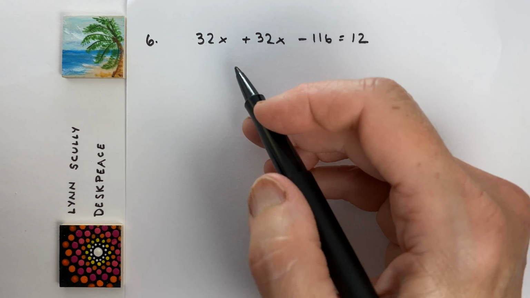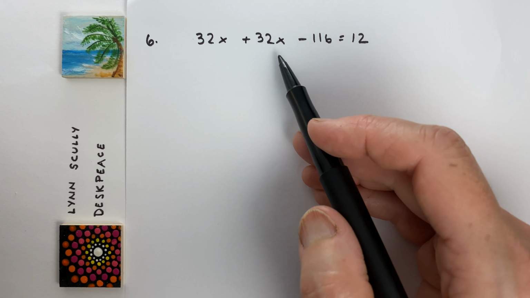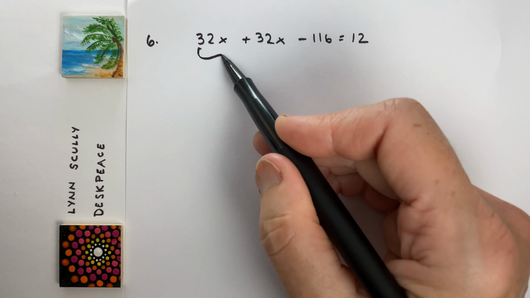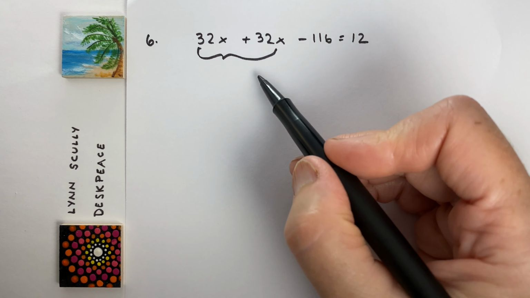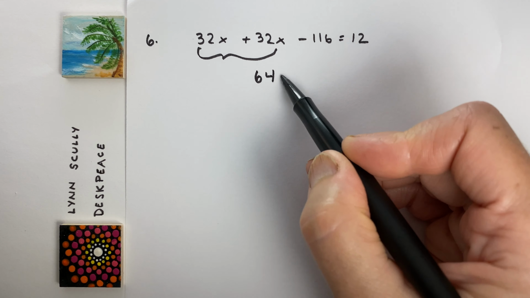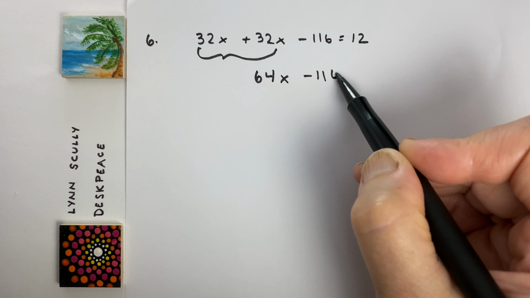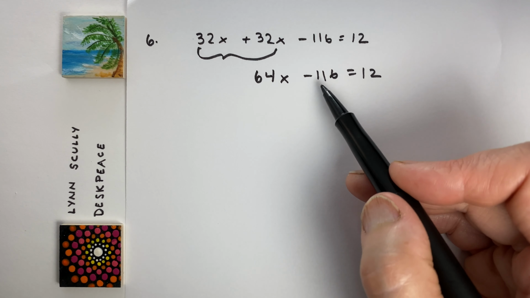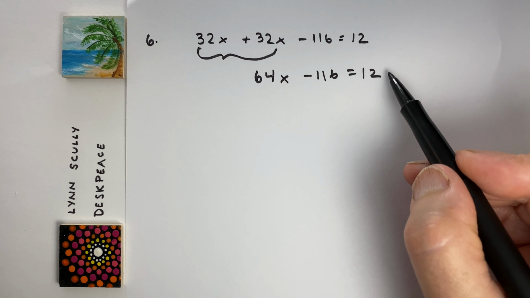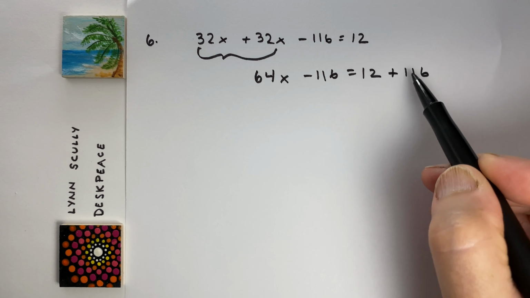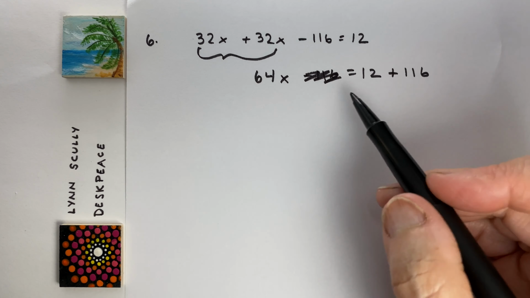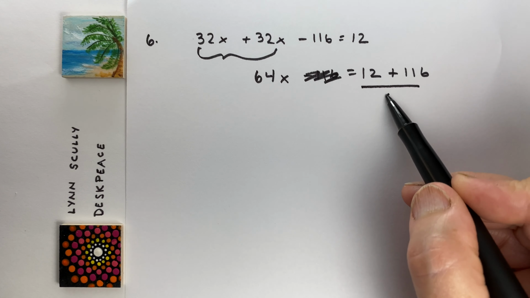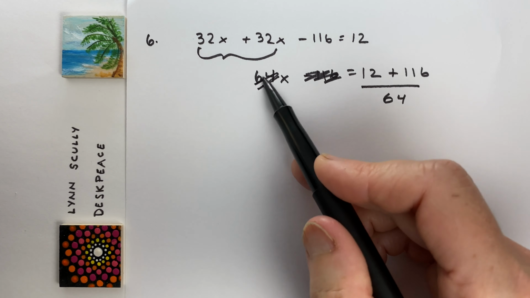Number 6, 32x plus 32x minus 116 equals 12. Combine my like terms here. 32 plus 32 is 64x minus 116 equals 12. I want to solve for x, and I have 116 attached by subtraction, so I'll move it by addition to the other side of the equal sign. 64 is attached by multiplication to my x, so I'll move it by division to the other side of the equal sign.